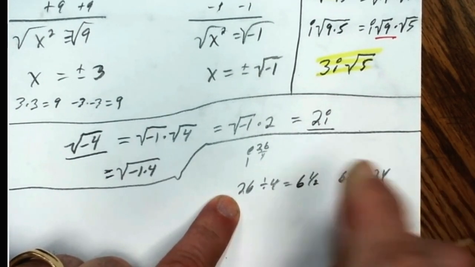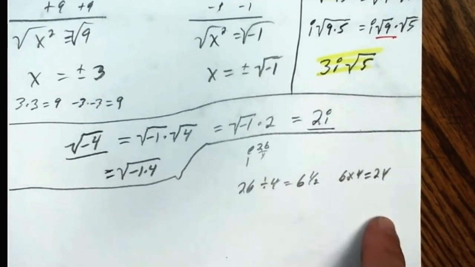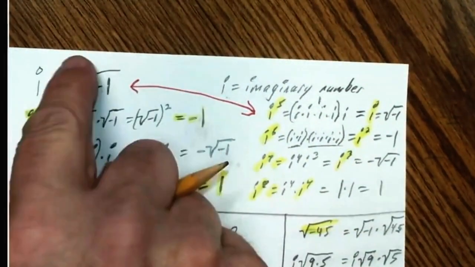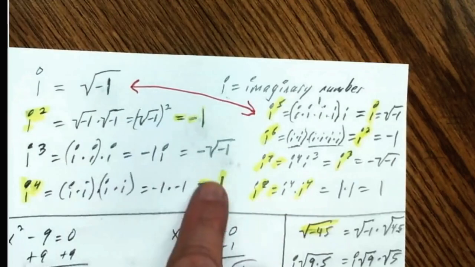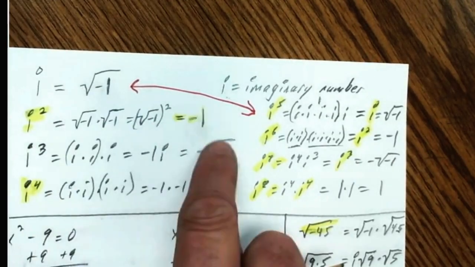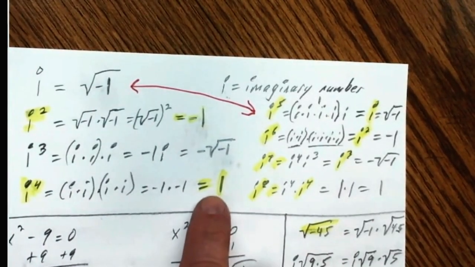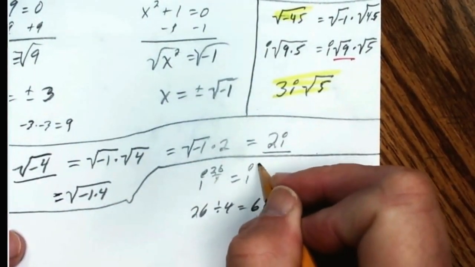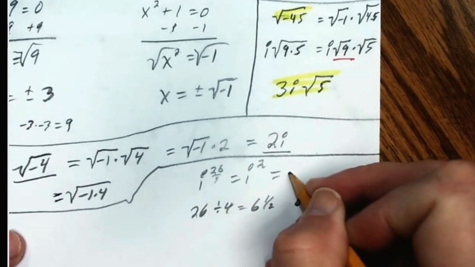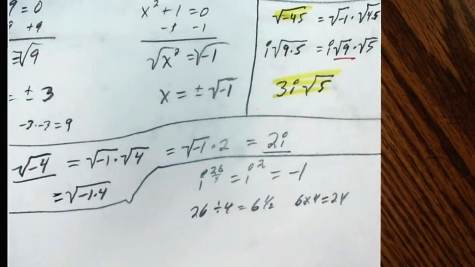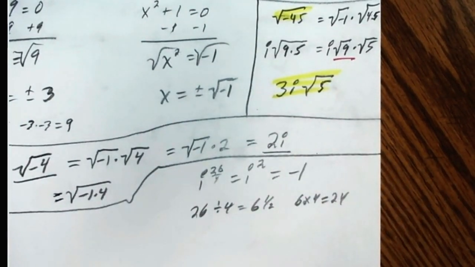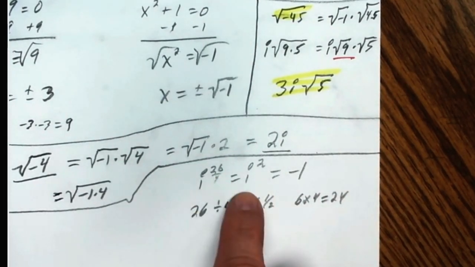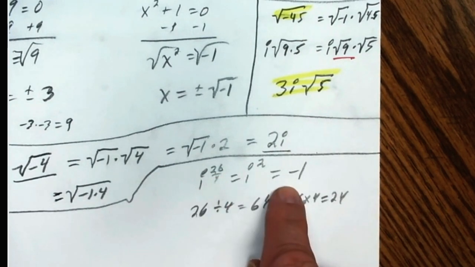So the first 24 of those we could ignore because they equal 1. The first 24 of them just equal 1. They go away. So this is the same as i to the 2nd power. So it's negative 1. i to the 26th is the same thing as i to the 2nd, which is negative 1.